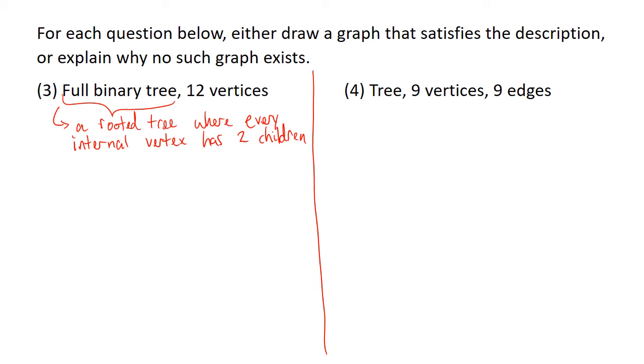So you start with one vertex, the root, and then whenever you go to add children to that, you have to add them 2 at a time. So we could keep going on like this, adding pairs of children.